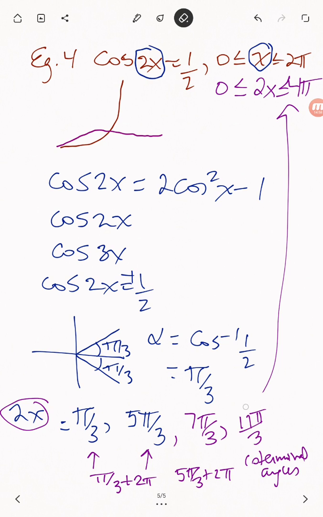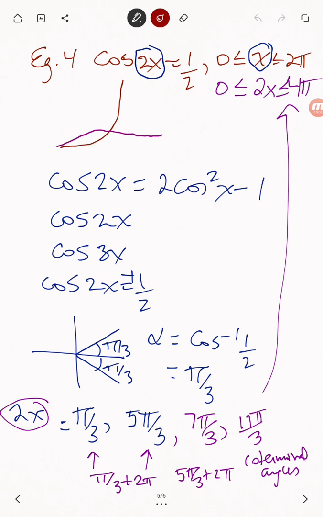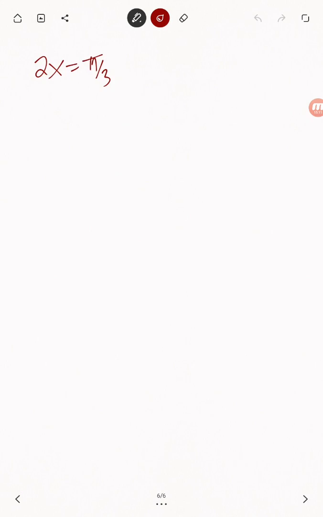So we're almost done here. Right now we have 2x equals pi over 3, 5 pi over 3, 7 pi over 3, and 11 pi over 3.